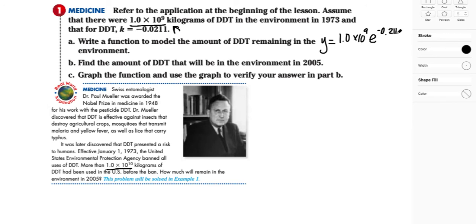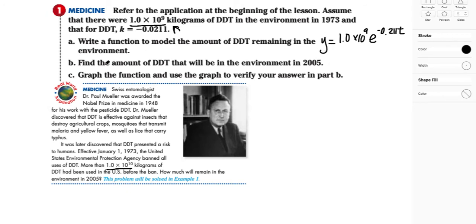So e to the kt. I'm going to just leave t as t because the number of years could be whatever, depending on how long you are trying to measure this. So this is what you would use, where t is the value in years.